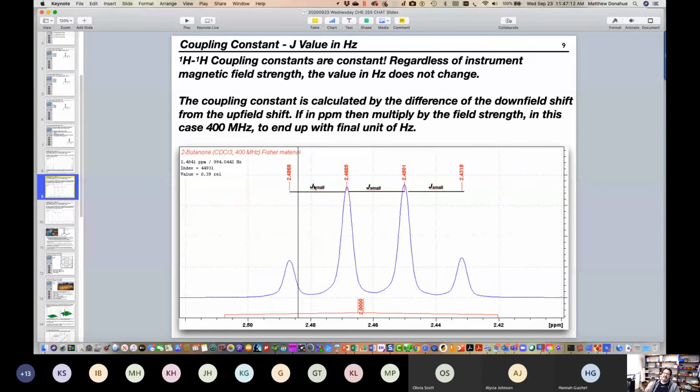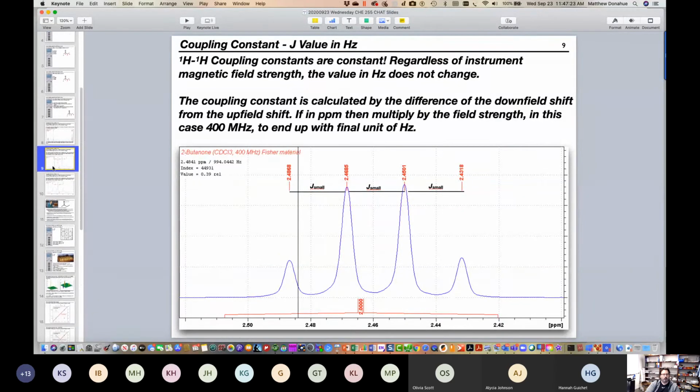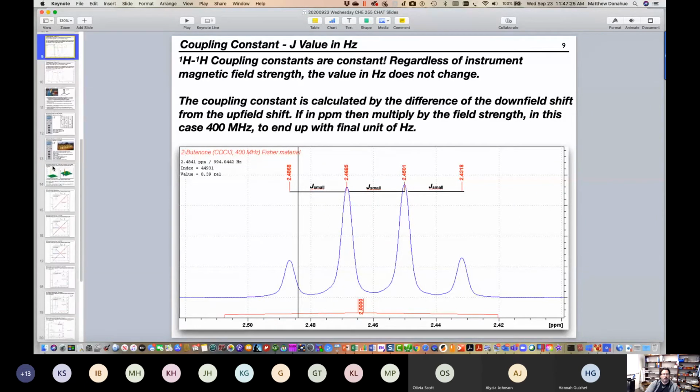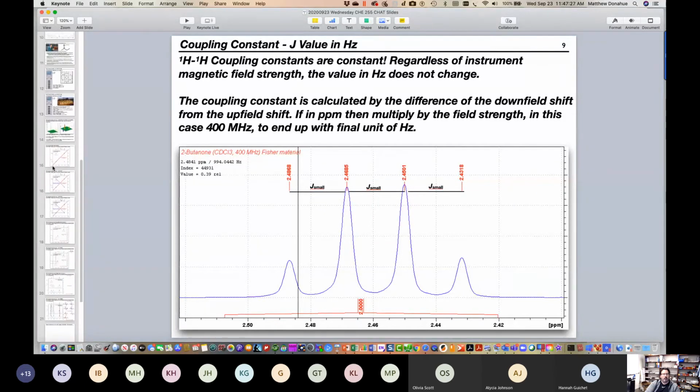And again, that is an indication that those signals are coupled to one another. So the coupling constant is the same. So any questions before we move on?